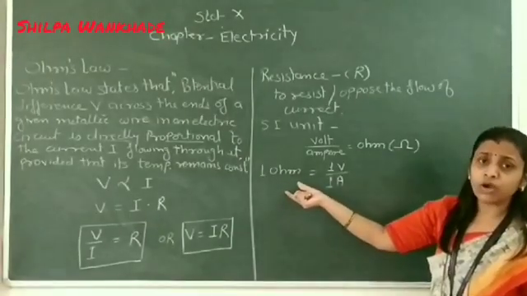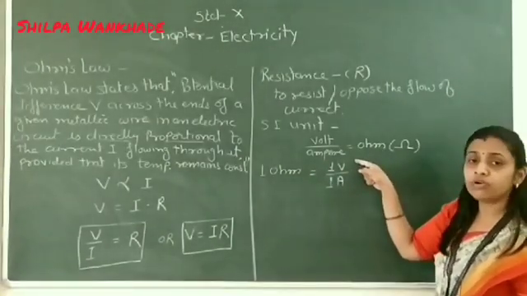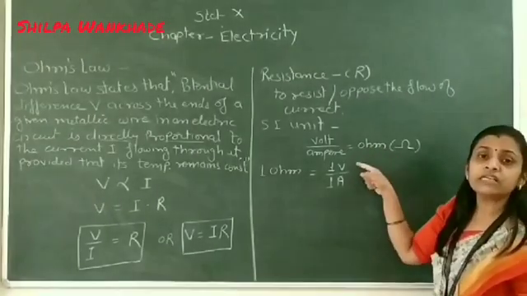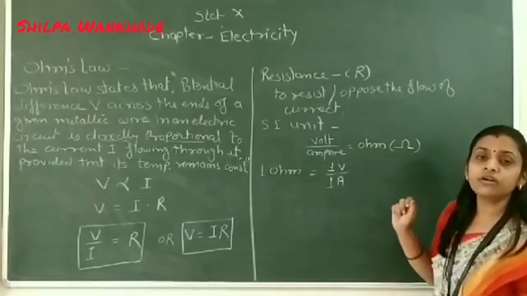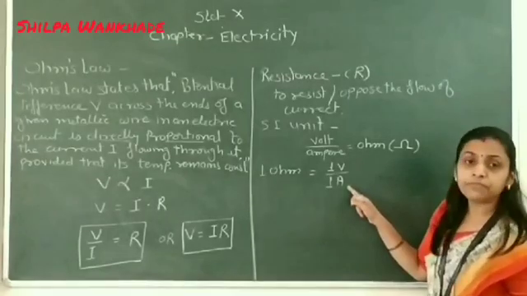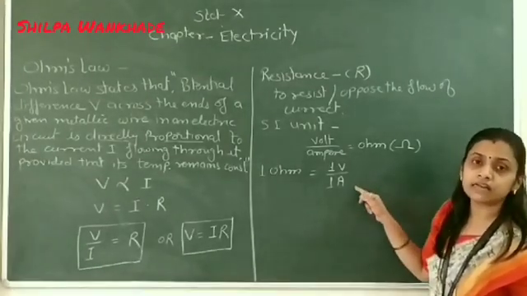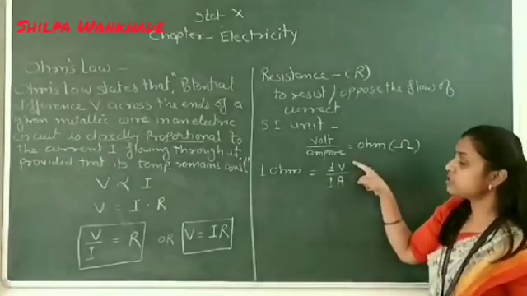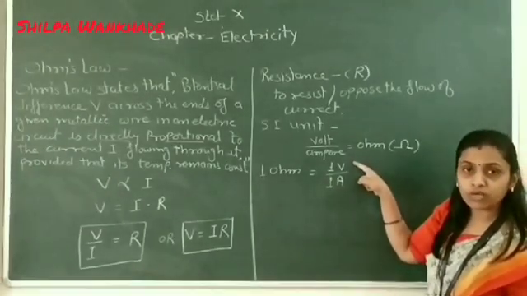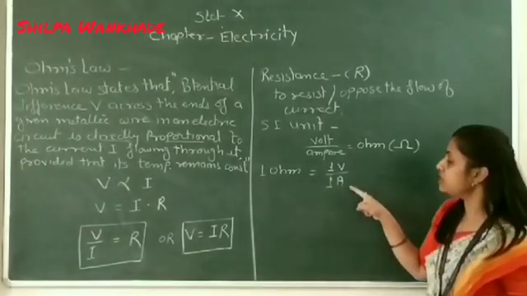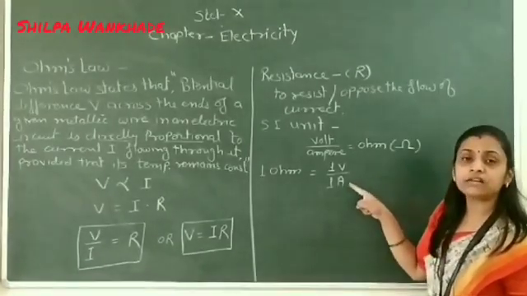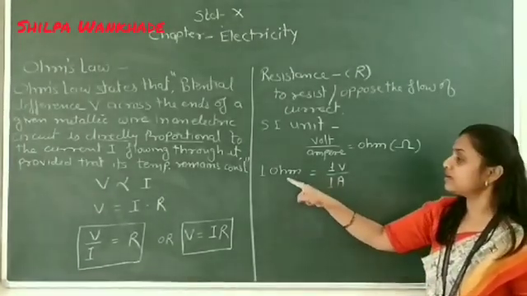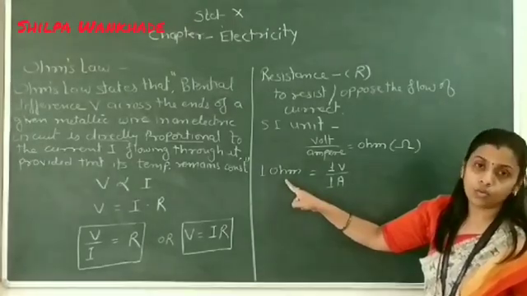There is no need to mug up the definition. So what is 1 volt? 1 volt is nothing but the potential difference across the two ends of a conductor, and 1 ampere is the current flowing through that conductor. So how do we define it? When the potential difference across the two ends of a conductor is 1 volt and the current flowing through it is 1 ampere, then the resistance of that conductor is said to be 1 ohm.